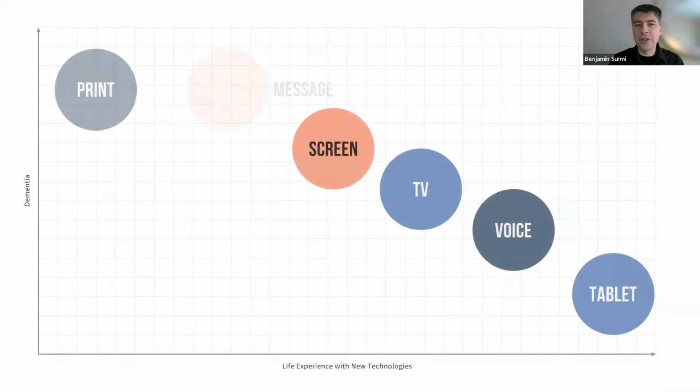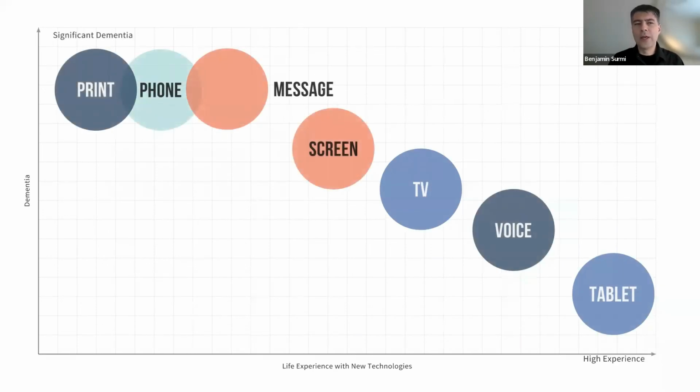Some other things to be thinking about: the more they have dementia, like you look on the left side where it says significant dementia, and then you look at the bottom right, which is high experience. So the more someone has significant dementia and no experience with technology at all, the more you have to rely on low-tech tools like print or phone.